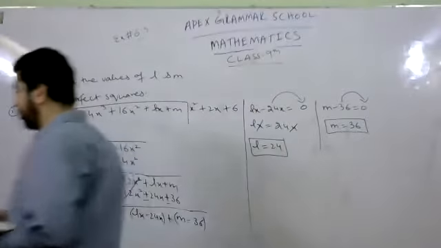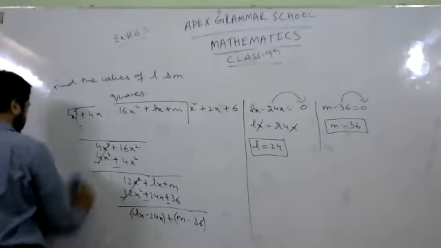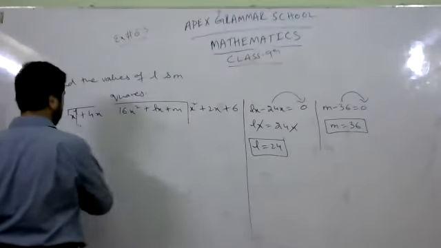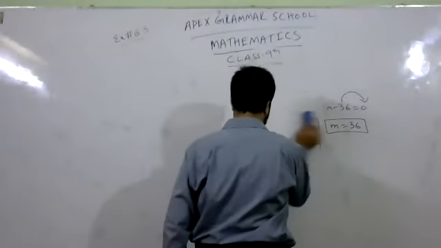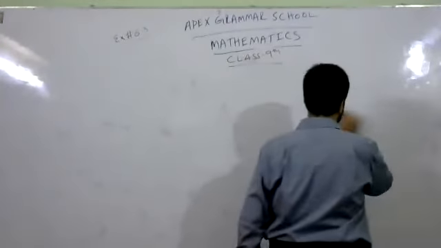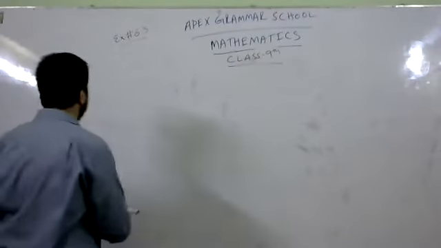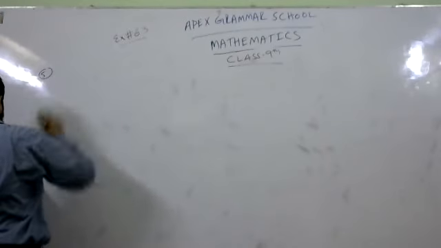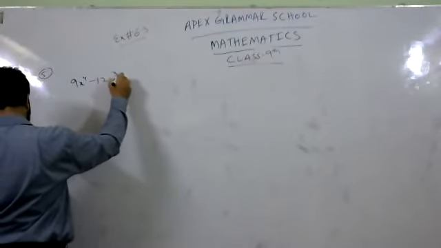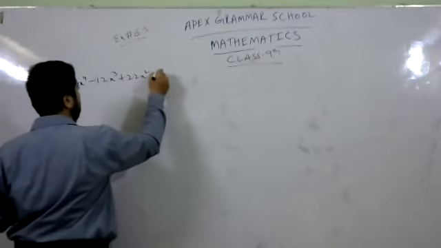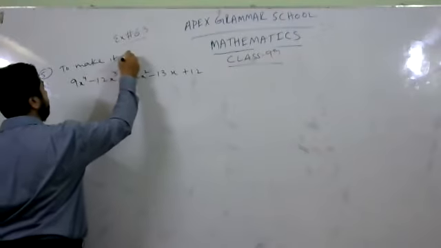For the last question, question number 5 of this exercise, is to make the expression 9x to the power 4 minus 12x cubed plus 22x squared minus 13x plus 12 a perfect square.